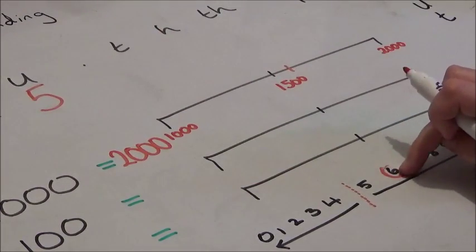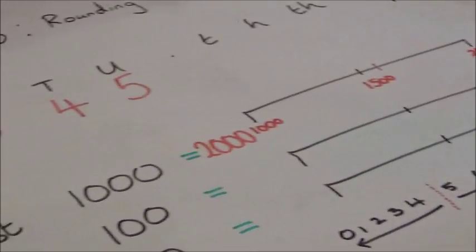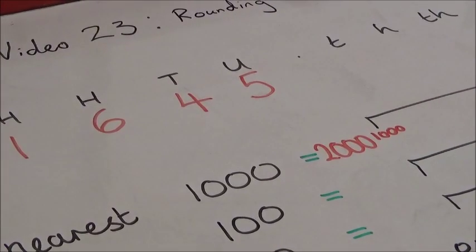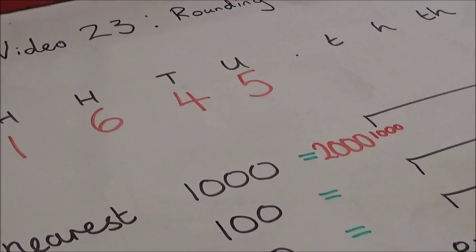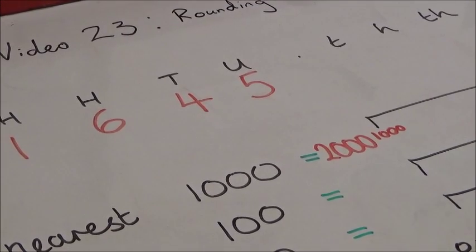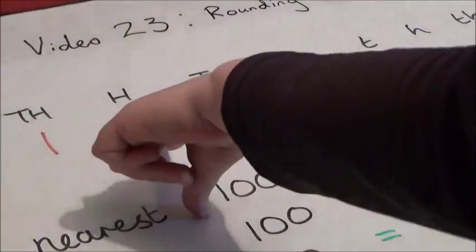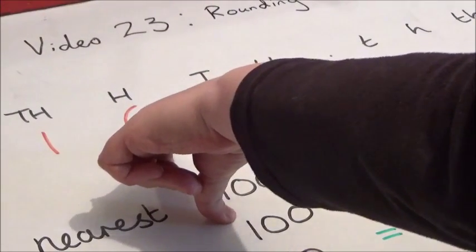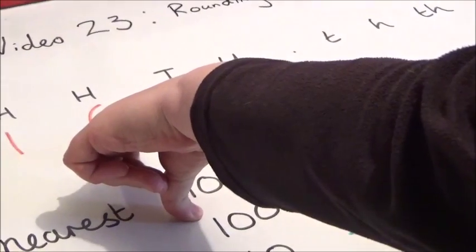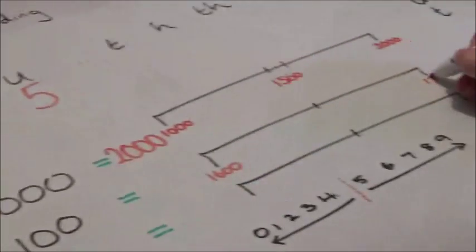Next one. Let me just get rid of this circle so we don't get ourselves confused. So we're going to round to the nearest hundred. So here we're looking at our hundreds column and we're saying, are we closest to 1,600 or 1,700?